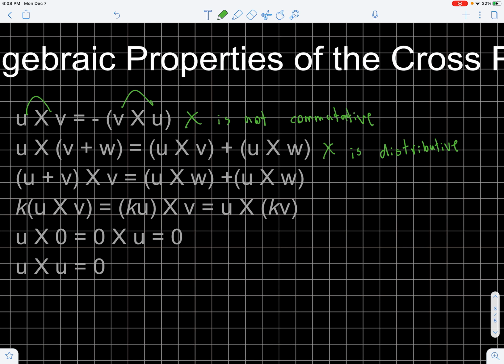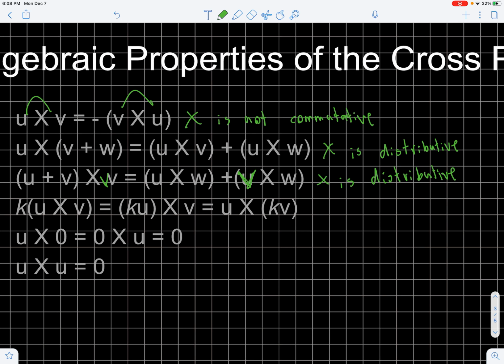It's supposed to be u plus v cross w equals u cross w plus v cross w. That's my bad, guys. That's just another way of saying that the cross product is distributive.